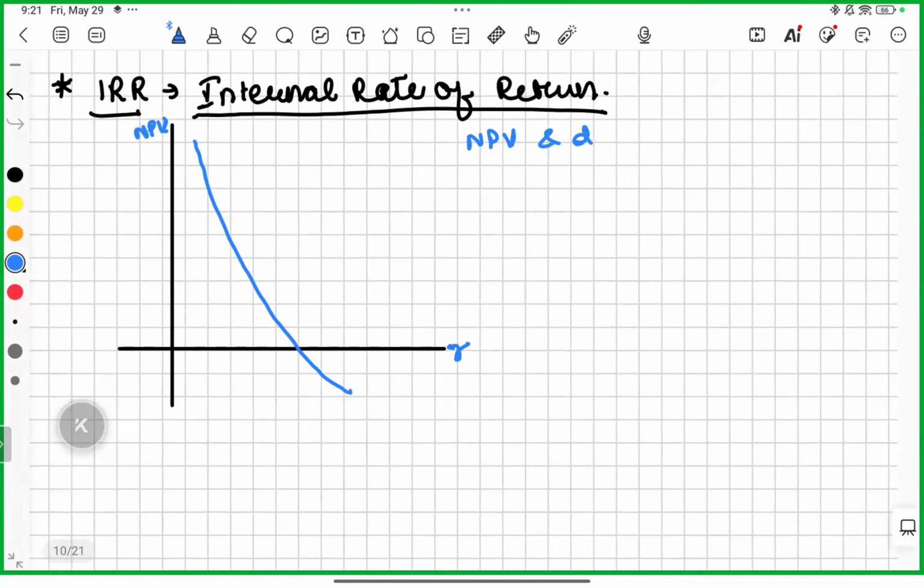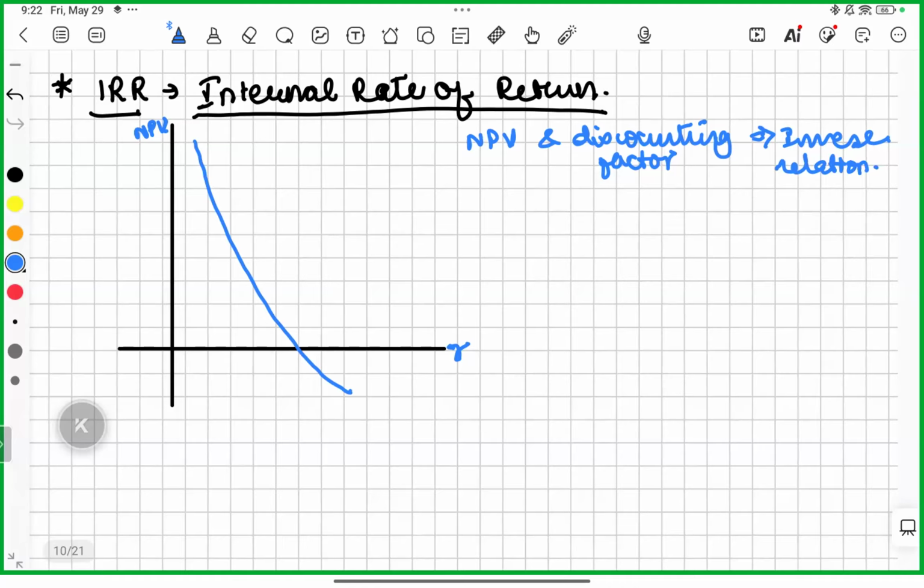Discounting factor means rate of interest or cost of capital. They have an inverse relationship. It means if you increase the discounting rate or present value rate, your NPV will decline.